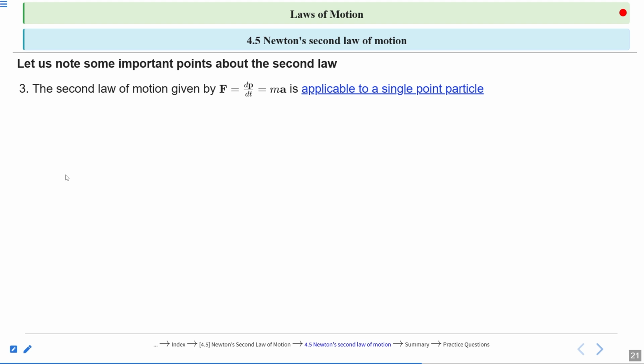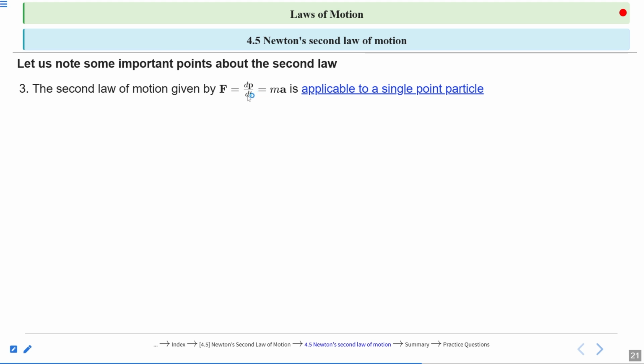Third important point is the second law of motion given by F = dp/dt. Rate of change of momentum is equal to mass into acceleration, and it is applicable to a single point particle, and this is an important concept. F = dp/dt = ma is applicable to a single point particle.